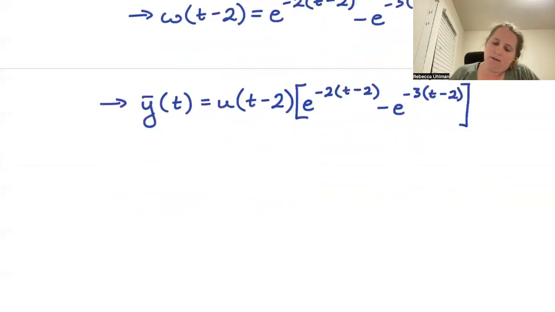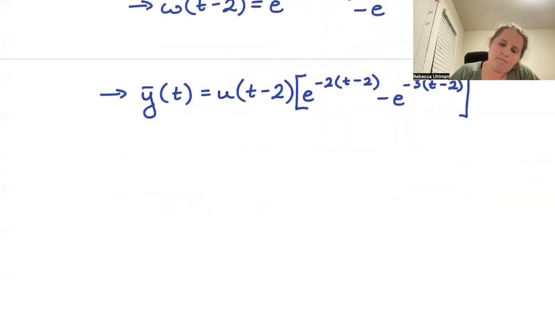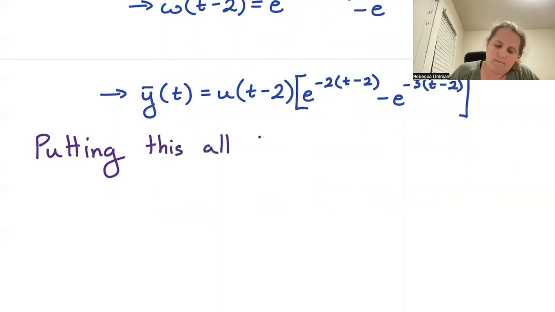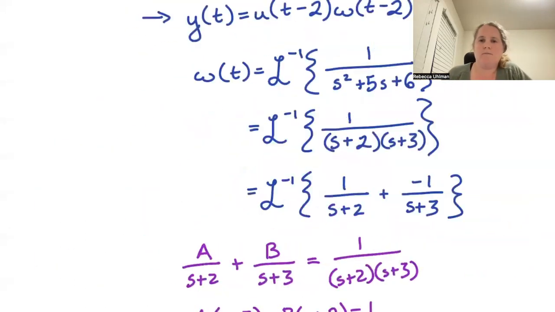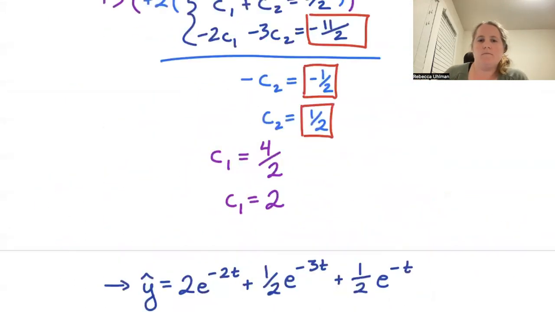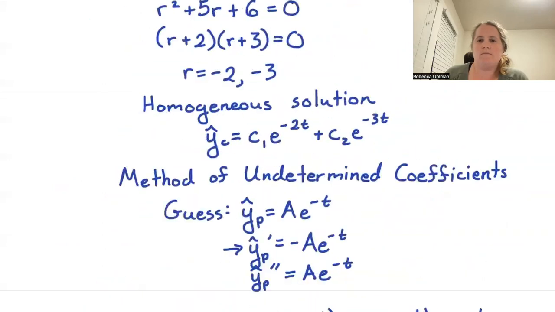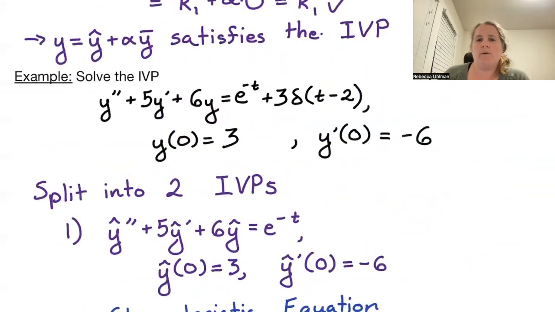So putting this all together, our original equation had e to the negative t plus 3 delta of t minus 2. So our alpha here is 3.